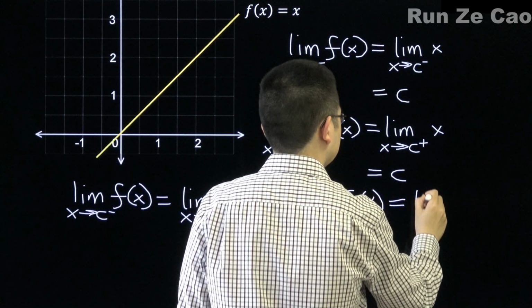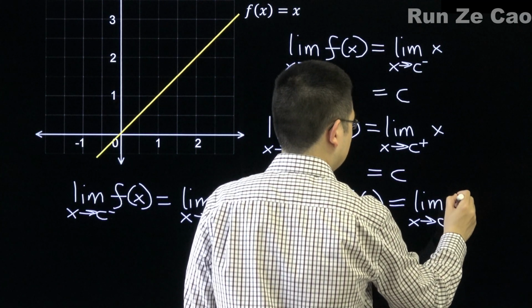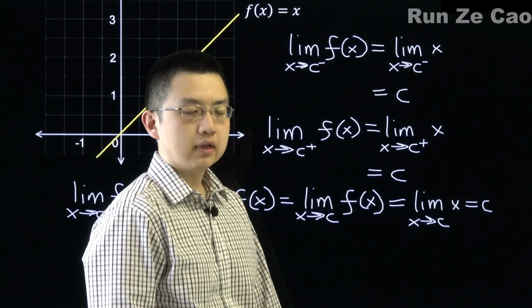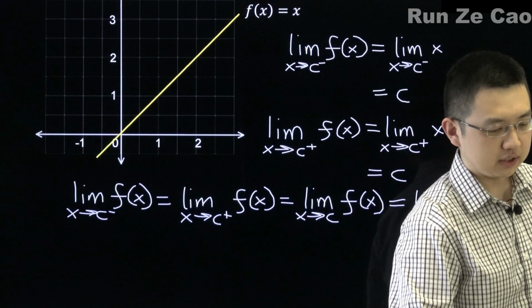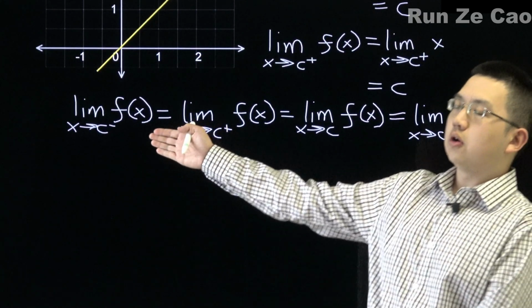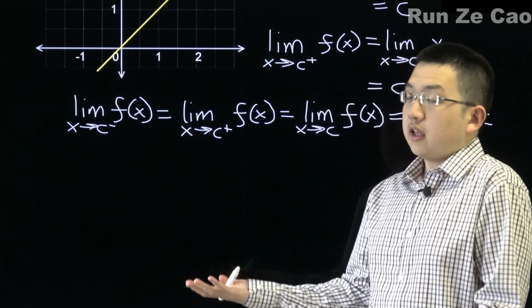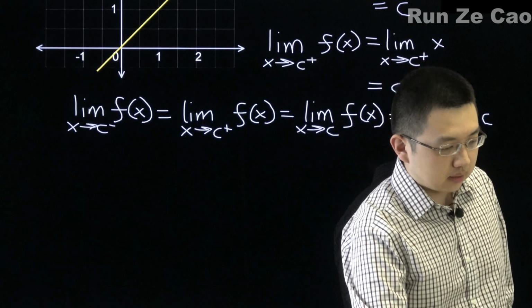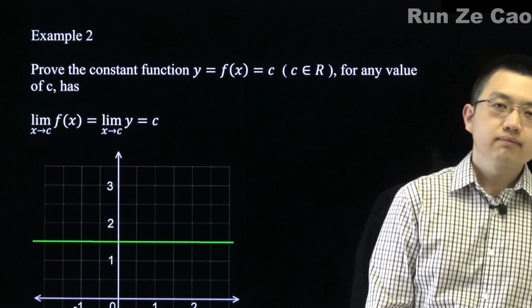And then we can put the limit as x approaches c of x equals c. Yes, okay, a lot of teachers don't really appreciate having a row of equal signs, but that depends on the application. In this case, usually they're okay with it, more or less.